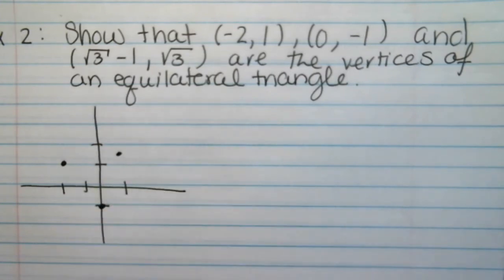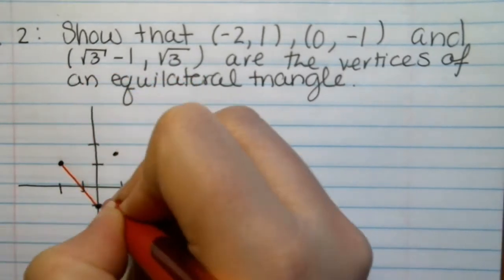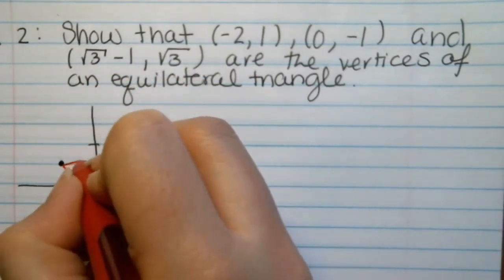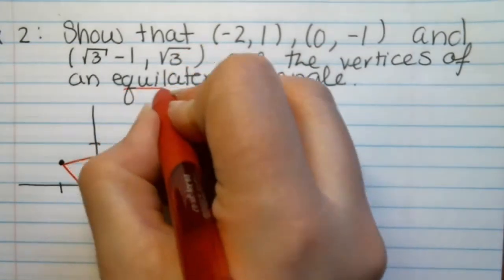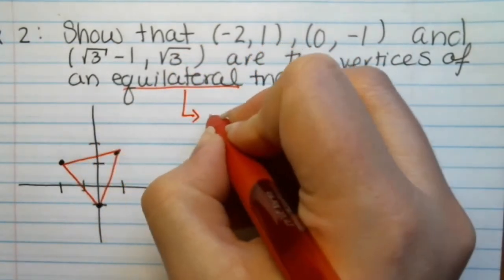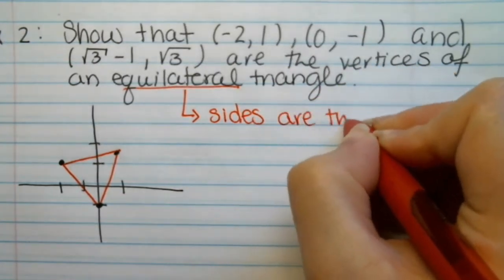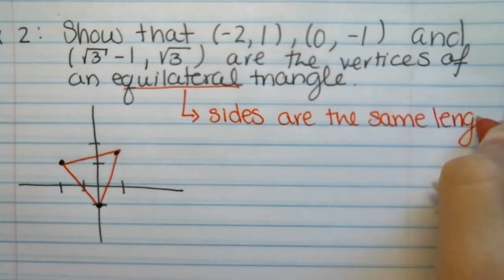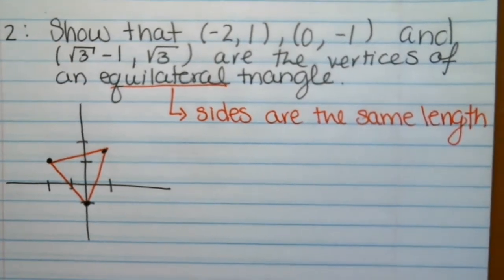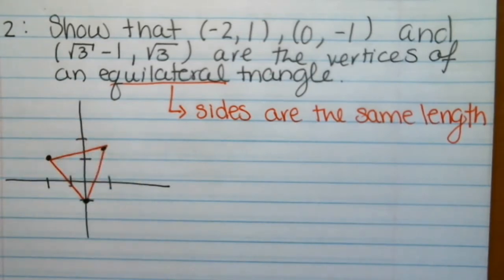So if you look at what this triangle looks like, we're looking at a triangle like this, and we want to show that this triangle is equilateral, and we know that this means the sides are the same length. So it's obvious that these 3 points can form the vertices of a triangle.